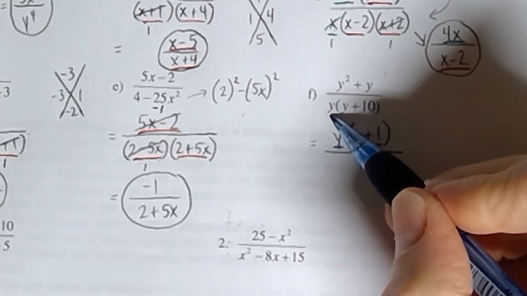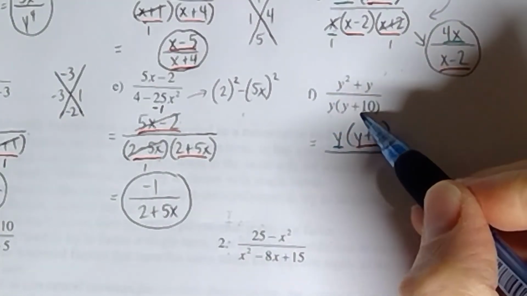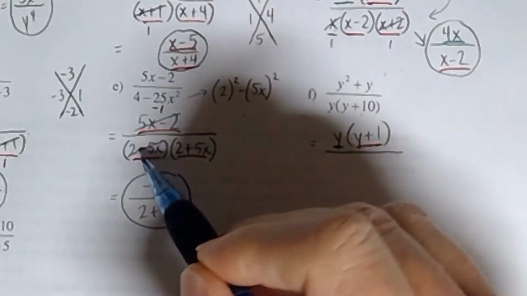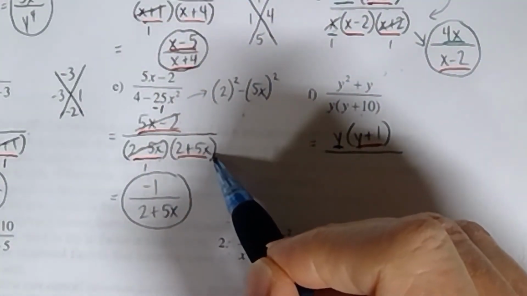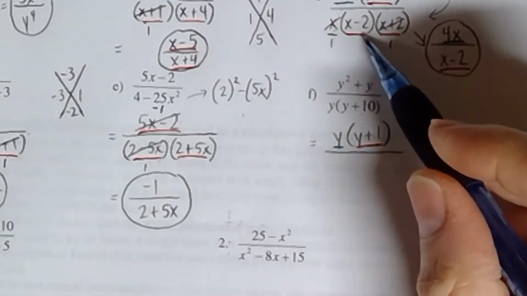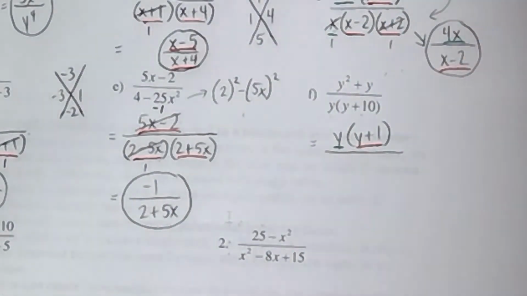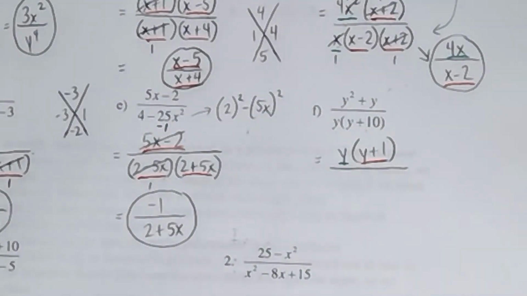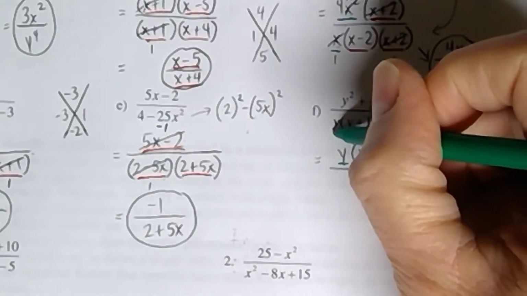Whenever you've got a term times a bracket, or a bracket times a bracket, like we've seen so many times here, those are the types of factored forms that you're going to see in these problems. And sometimes you could even get three brackets being multiplied occasionally too.